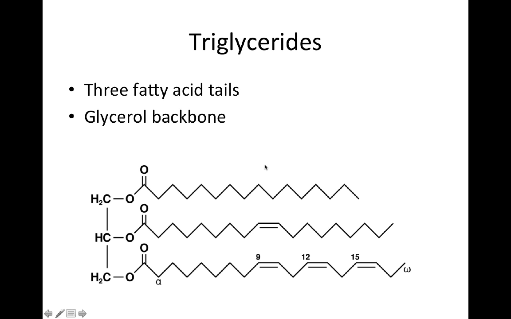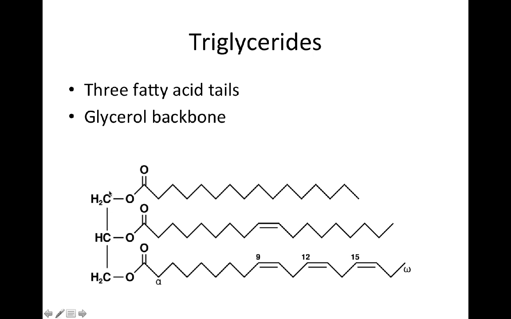Now triglycerides are made up of three fatty acids bonded to a glycerol backbone. That's what these three carbon groups are. Normally glycerol has a hydrogen attached here, but when the fatty acids are added, you lose the hydrogen, so it's got an oxygen that's linking these.